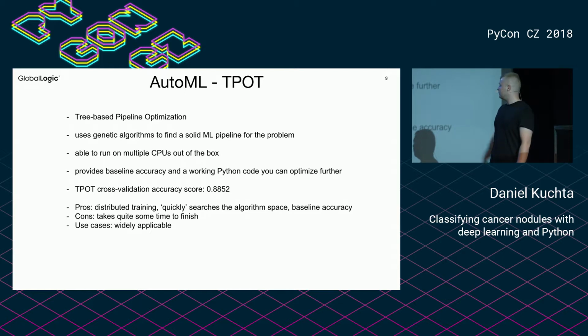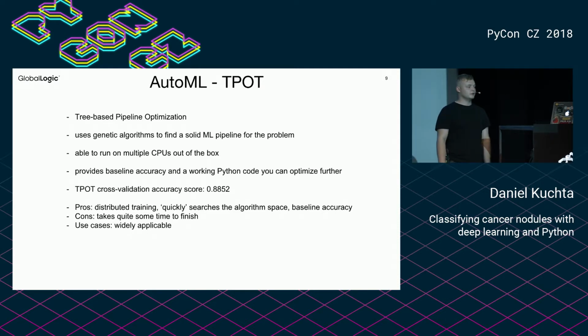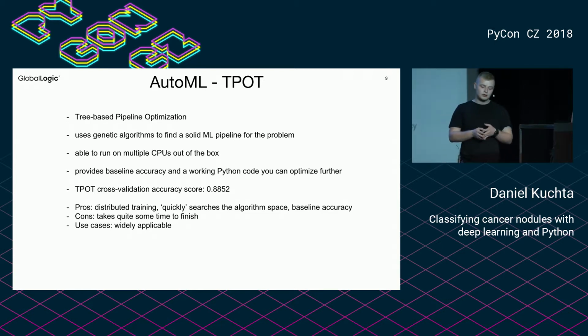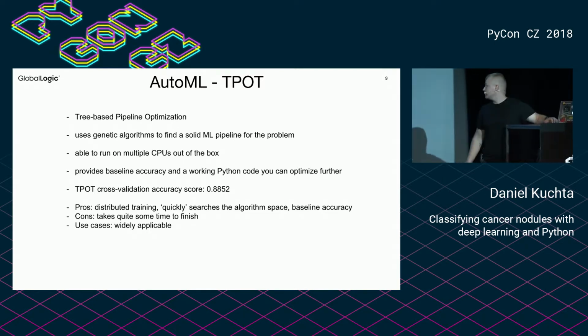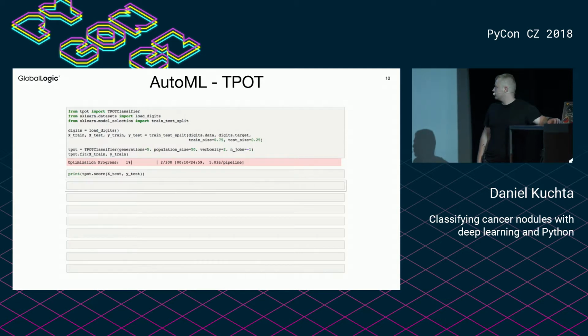This gave us an accuracy of almost 89%, which is pretty cool because it's fully automated. You just have to do your data cleaning part. This is how it actually looks when it works.